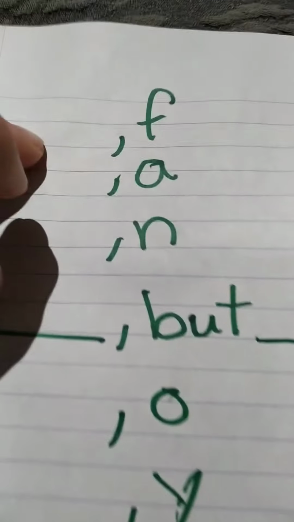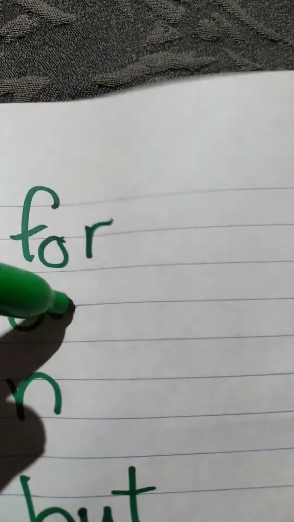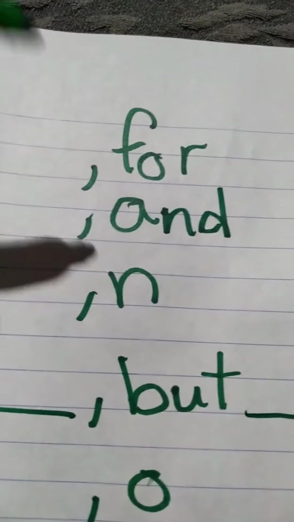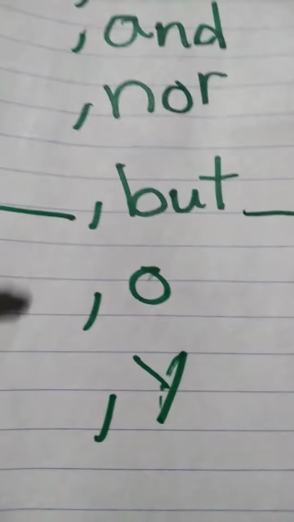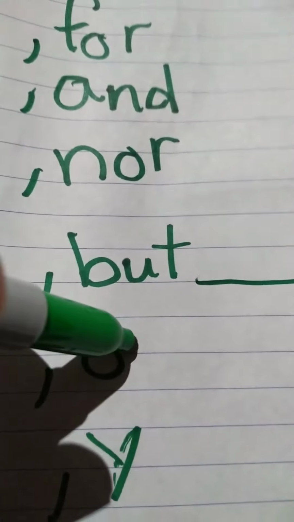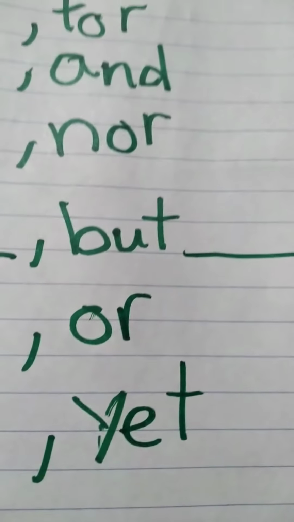So the F stands for for. A stands for and. N stands for nor. Alright, we got but. O is or. And Y is yet. Alright. So for each one, you want to draw a line like in front of it.